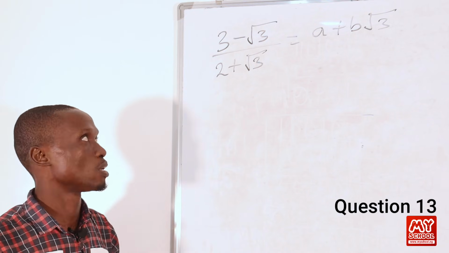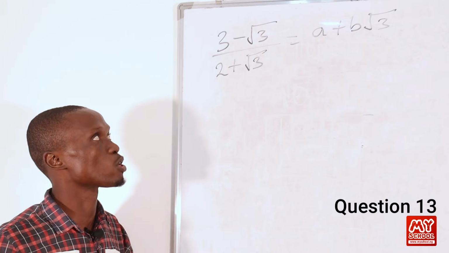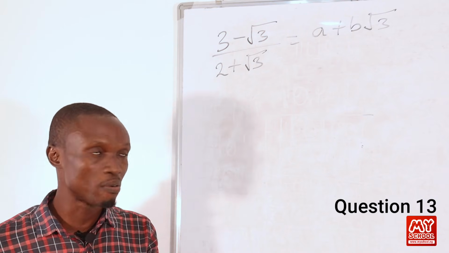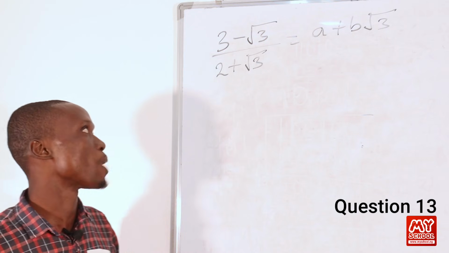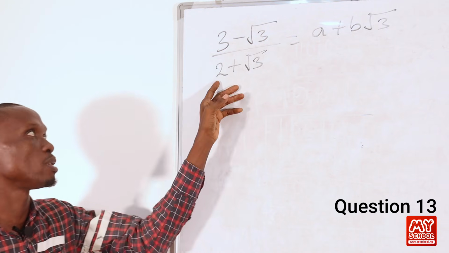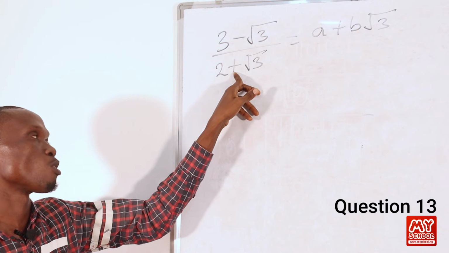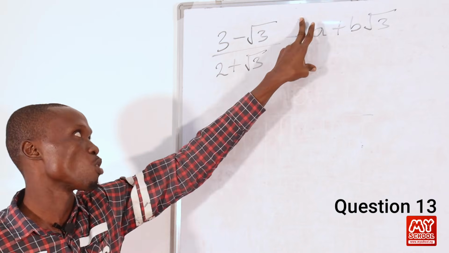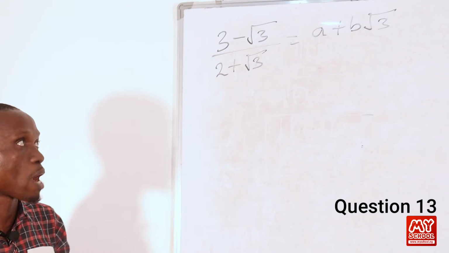To rationalize the denominator of a surd of this nature, what you simply do is multiply the denominator and the numerator by the conjugate of the denominator. By conjugate of a surd, what we imply is a difference in sign. So instead of using plus to multiply both the numerator and denominator, we change the plus sign to a minus sign.